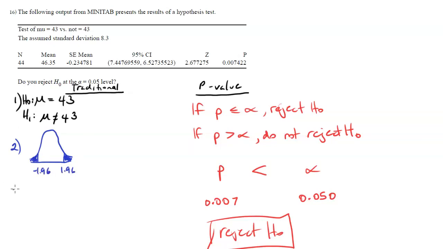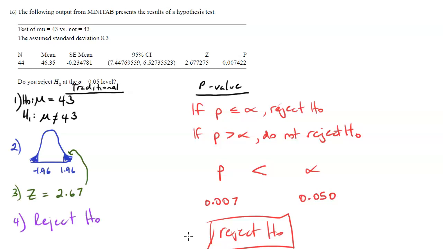And then we don't have to calculate the z-test value because we have it. Z equals 2.67. Now 2.67 is clearly in this rejection region. It's greater than 1.96, right? So since 2.67 is in the rejection region, we reject the null hypothesis.